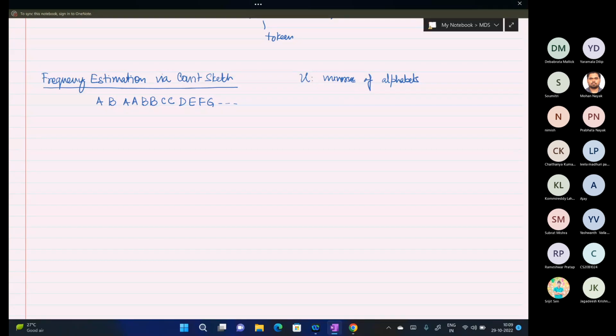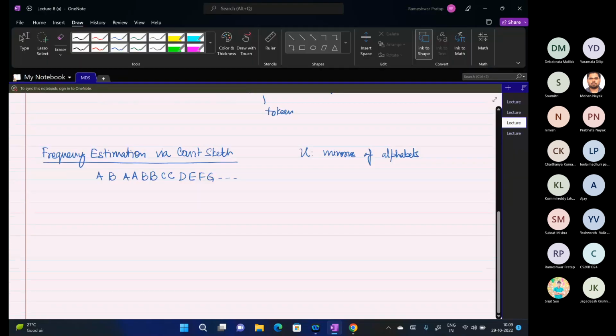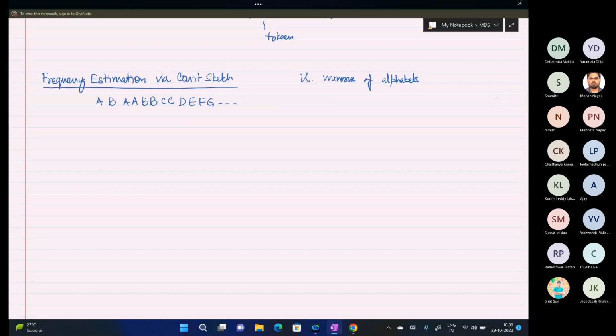So we'll quickly recall our earlier algorithm, which is count min sketch.